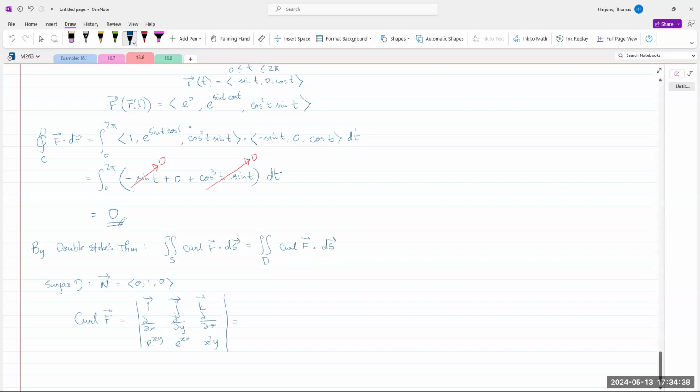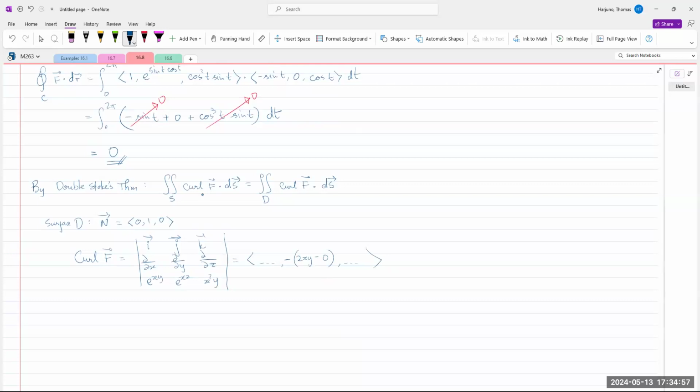Now remember, I just need the second component. The second component is negative of 2xy minus 0. So curl of f dot dS will give us negative 2xy dA.